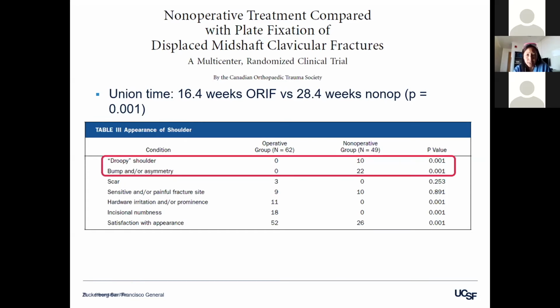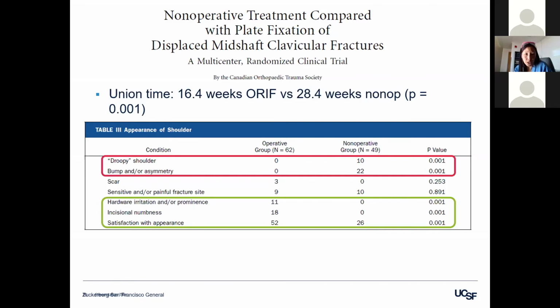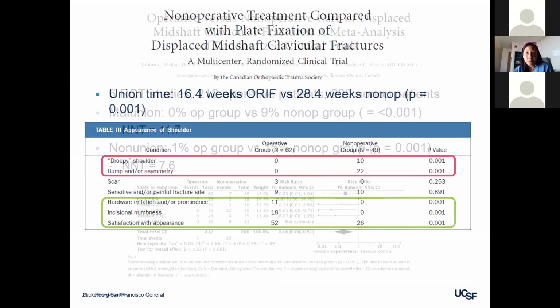And in terms of patients who had non-operative treatment, again from a cosmetic standpoint, they complained that their shoulder looked weird, or they had a bump, or it was asymmetric. But on the flip side, if someone had surgery, they had hardware irritation and incisional numbness, but overall liked the way the shoulder looked.